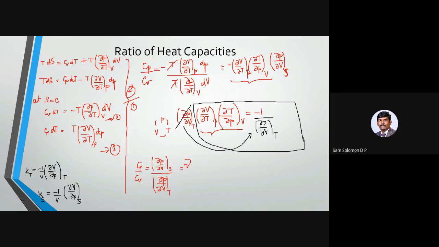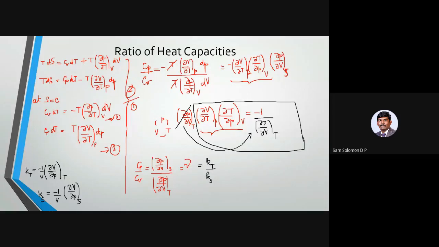And here also I have 1 by V. So for this particular term, we can replace this and write it as isothermal compressibility divided by isentropic compressibility, Kt divided by Ks, where Kt is isothermal compressibility and Ks is isentropic compressibility. Sometimes they also call it adiabatic compressibility.